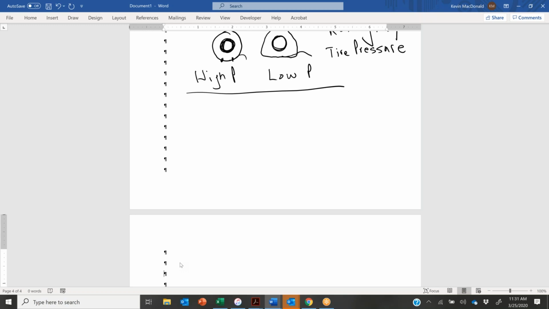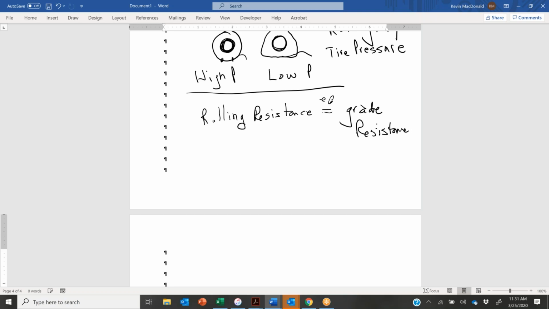And so this rolling resistance can be translated into an equivalent grade resistance. And we'll talk about how to do that the next time we're together.